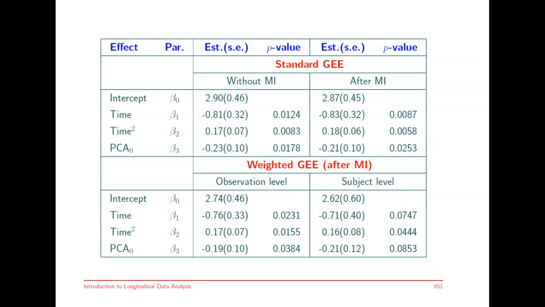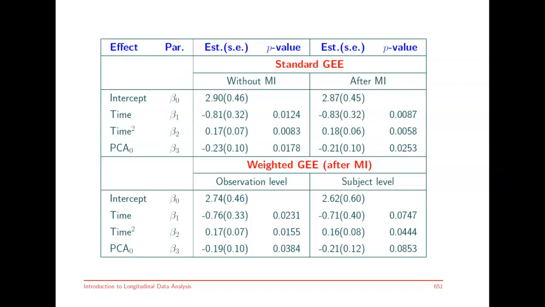It's still not valid because this MI is not a full MI, it's only MI applied to the intermittently missing values. So the top panels are actually not fully valid. The bottom panel is weighted GEE after multiple imputation. So multiple imputation was used to make it monotone, and then I apply weighted estimating equations.